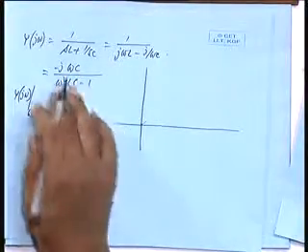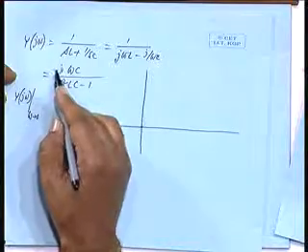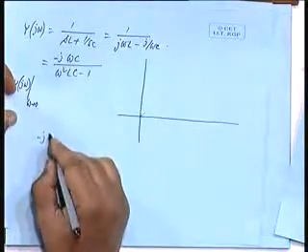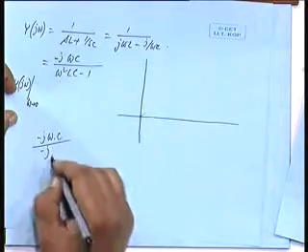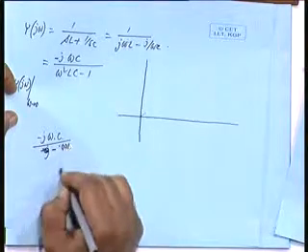This will be tending to 0 from the left hand side, say minus 0.001. So minus j omega C divided by a very small negative quantity.